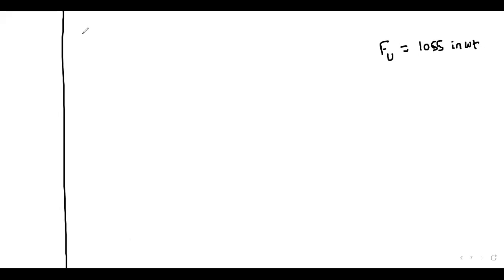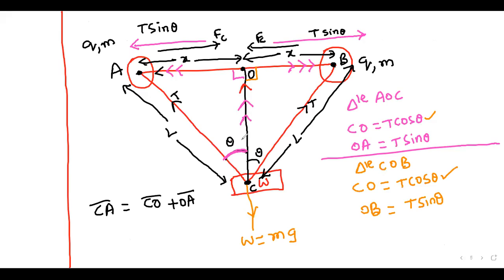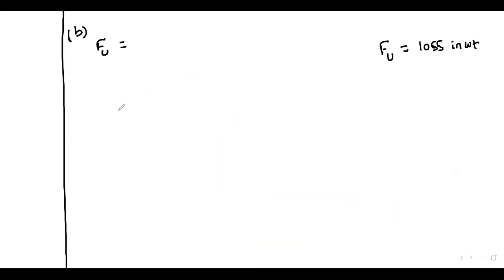So I can write upthrust is equal to, you can see in the previous diagram, T cos theta is acting vertically upwards, mg is acting vertically downwards.